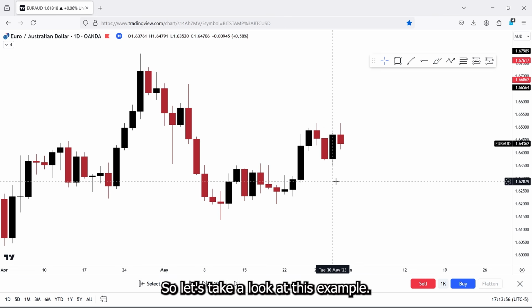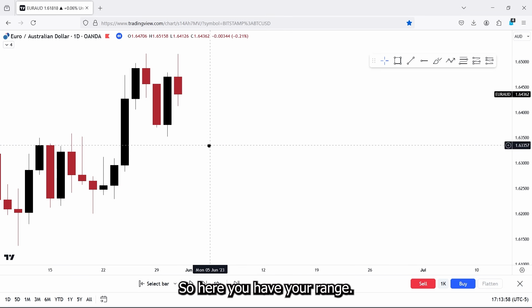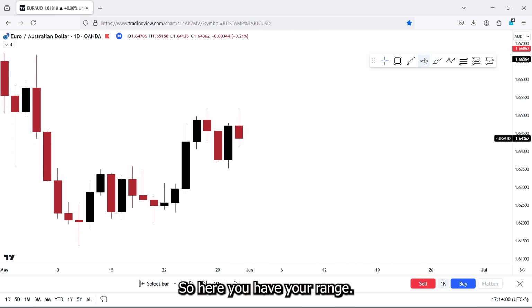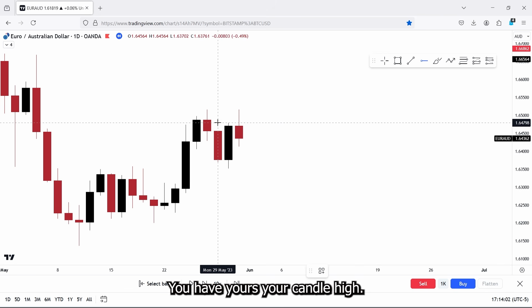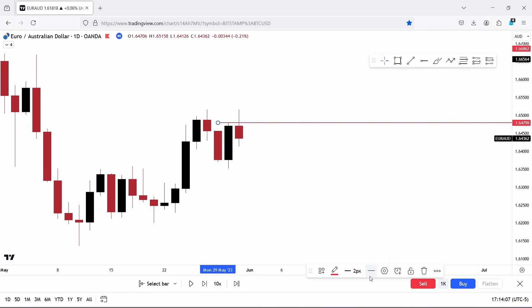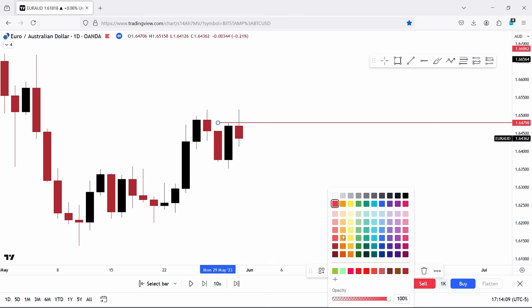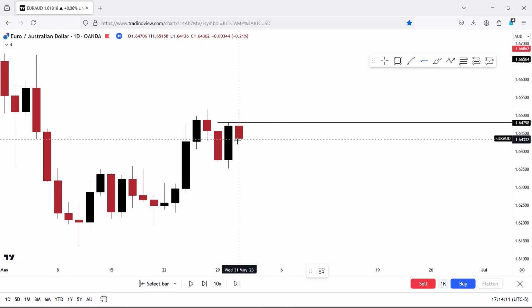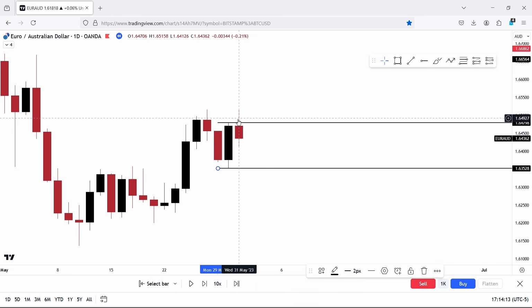so let's take a look at this example. So here you have your range, you have your CRT candle high, and you have your candle low, and this is where the liquidity was taken, and here is your trigger point.